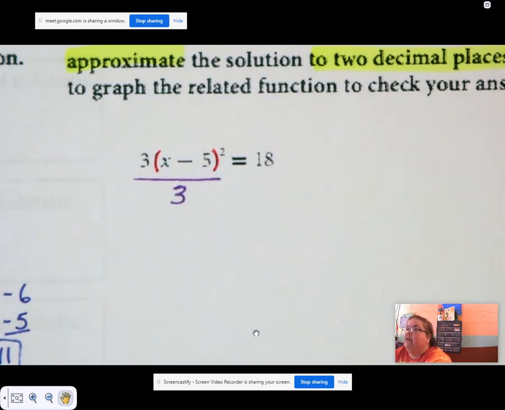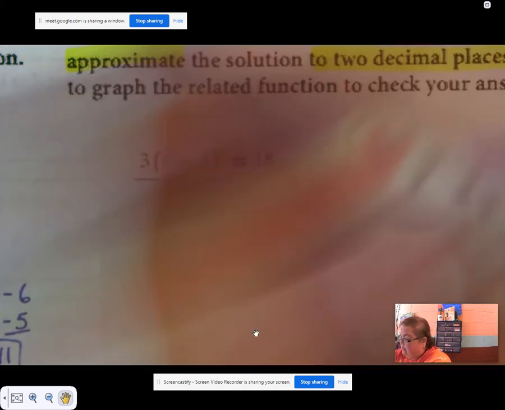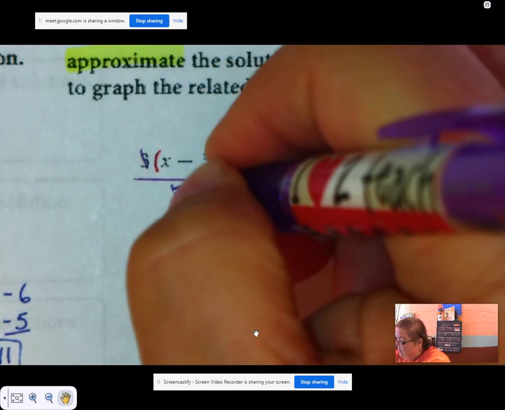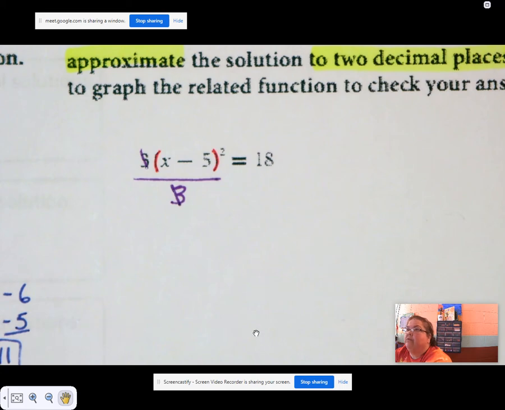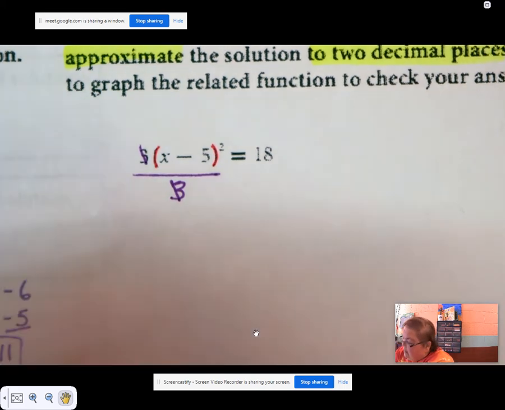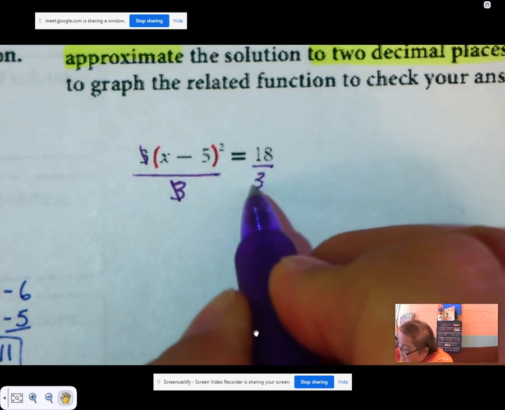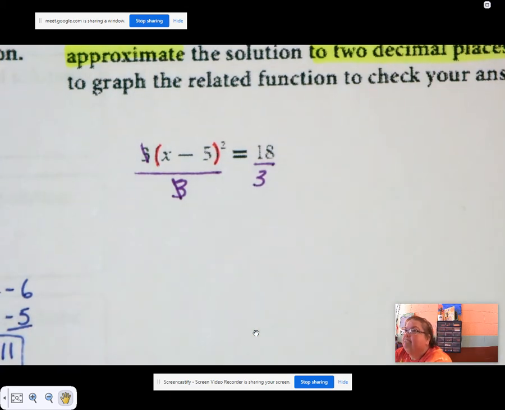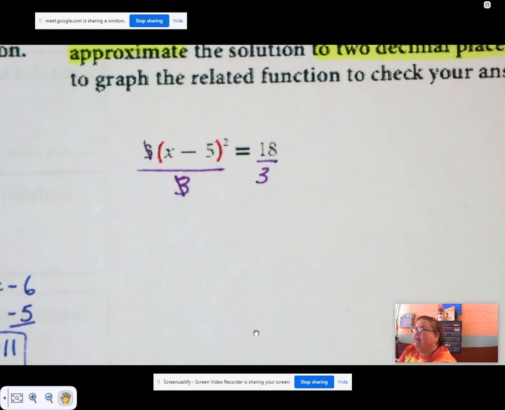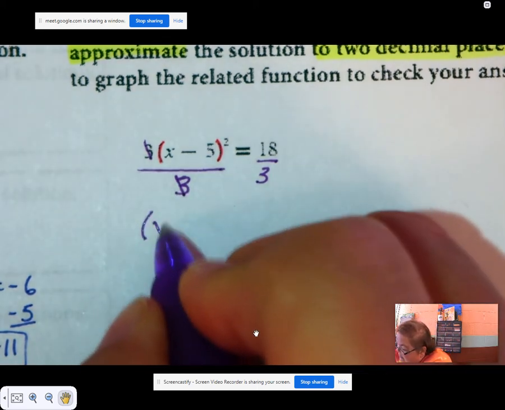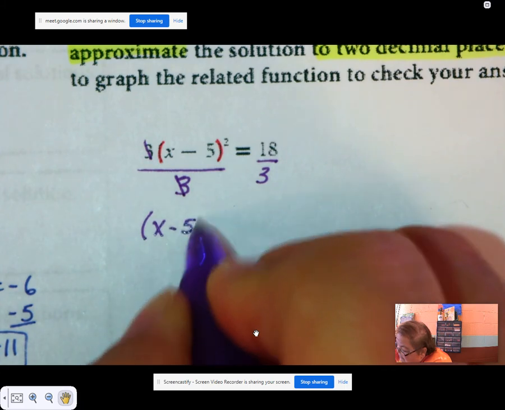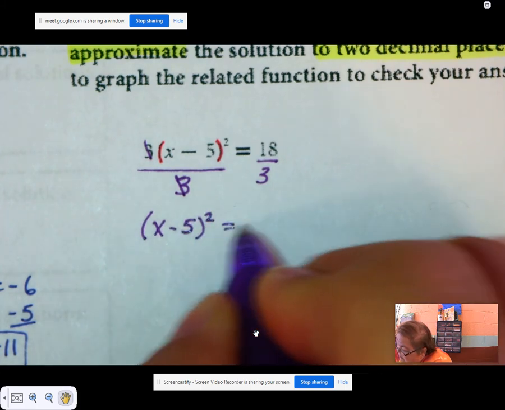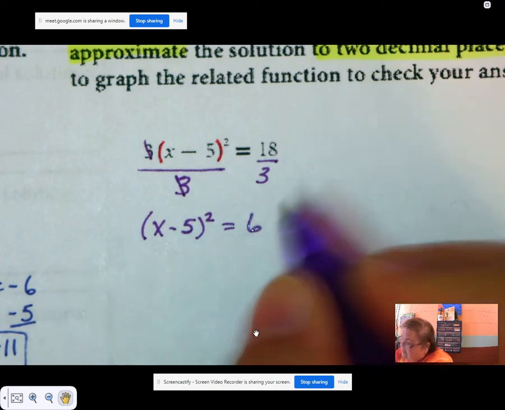Yep, divide it to make it go away. 3 divided by 3 is 1. They're gone. Divide by 3. I have done nothing with the parentheses or the square, so you bring them down. Parentheses, x minus 5 squared equals 6.